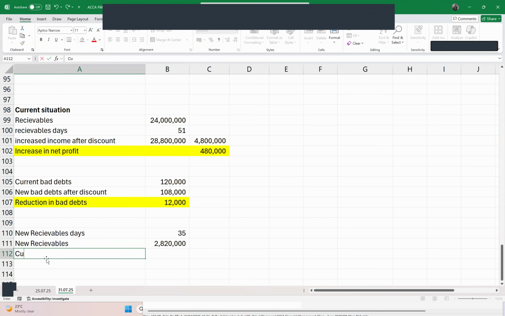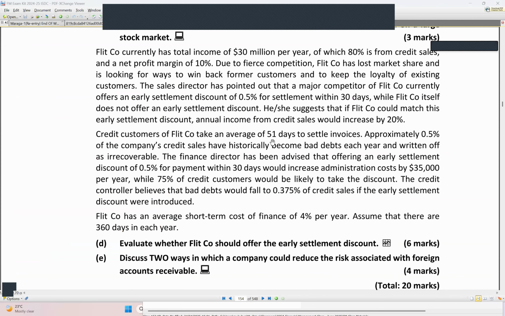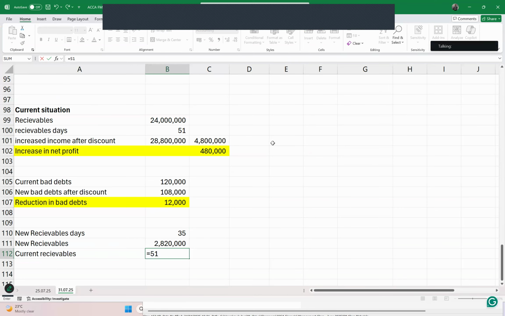Now, what are the current receivables? It's going to be basically 51 out of the 360 multiplied by the 28.8.